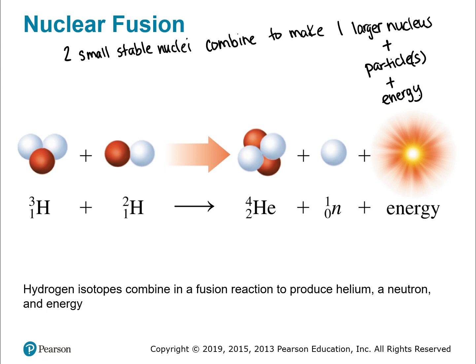So if hydrogen isotopes are combined, like in this example, you create helium, a neutron, and a lot of energy. This is the reaction that goes on in the sun and other stars like it.